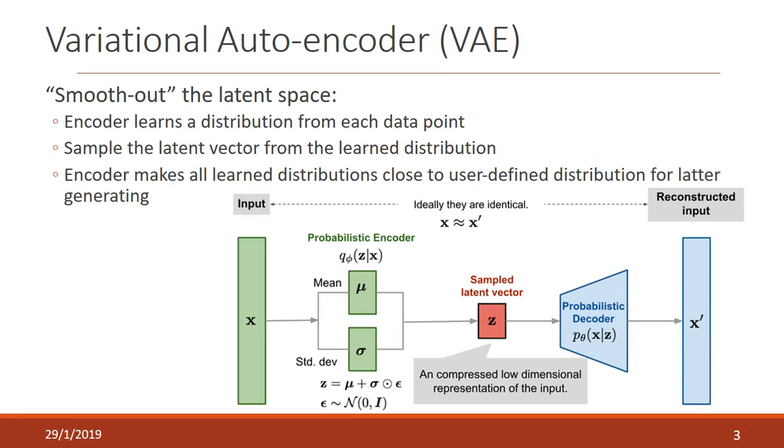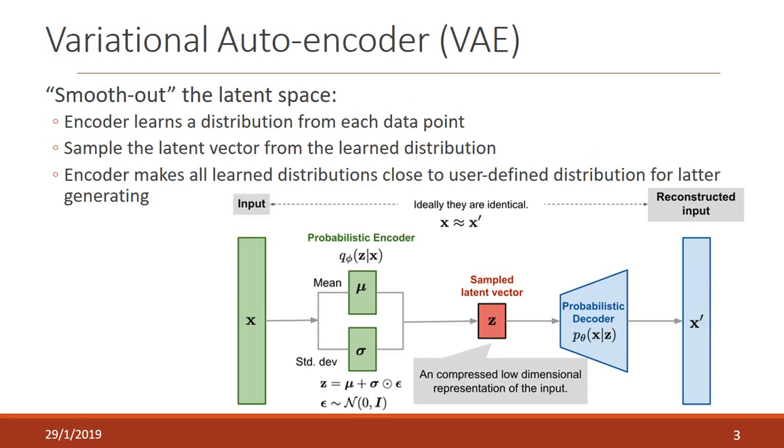To overcome this problem, we can smooth out the latent space. We don't learn a fixed latent vector for each data point, but a distribution. The parameters of that distribution are given by an encoder. Then a latent vector is sampled from that distribution. A decoder tries to reconstruct the input from that latent vector.